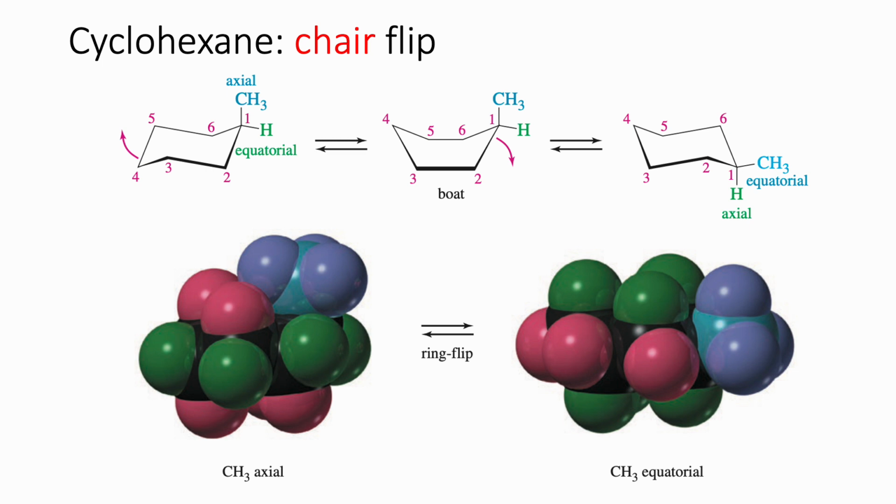And generally, the only way to do that is by drawing both conformations, both chair conformations, and determining which one is the most stable by determining which one has the biggest substituents in the equatorial position. So make sure that you practice drawing these chairs and that you practice drawing chair flips.